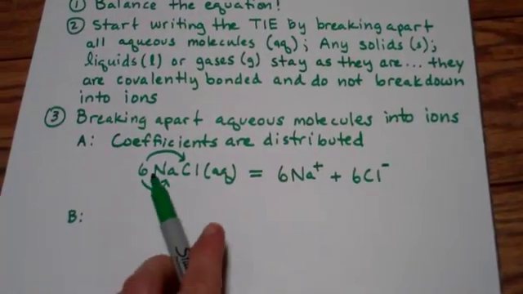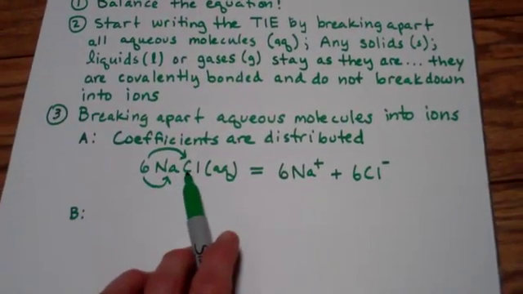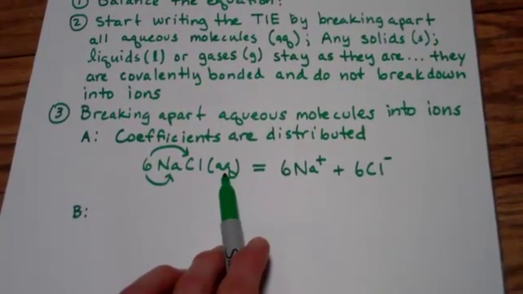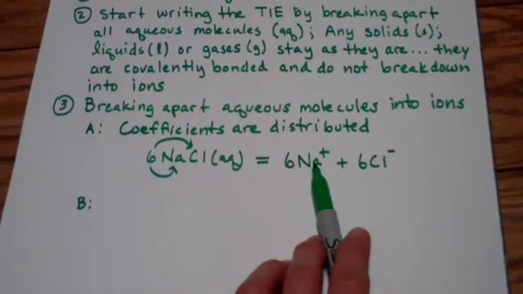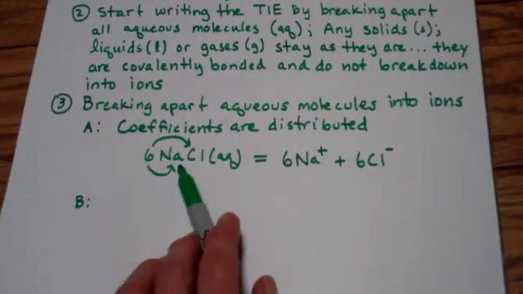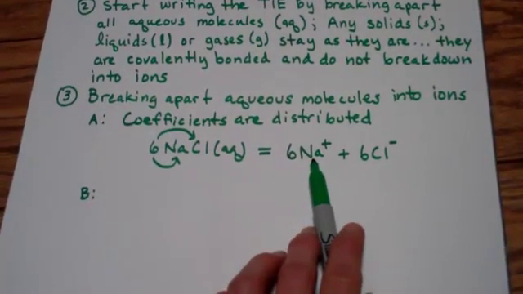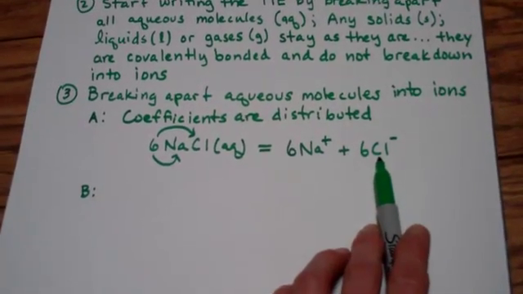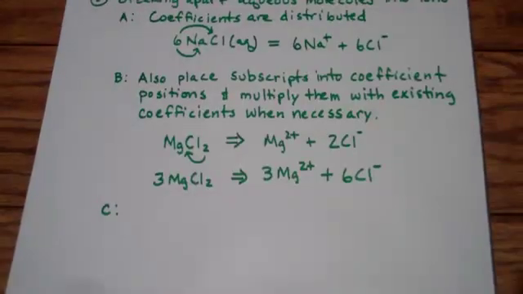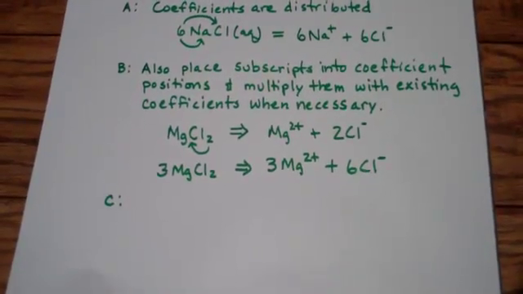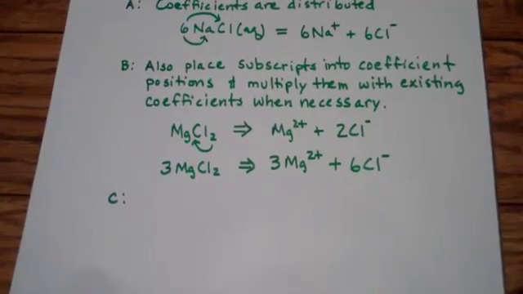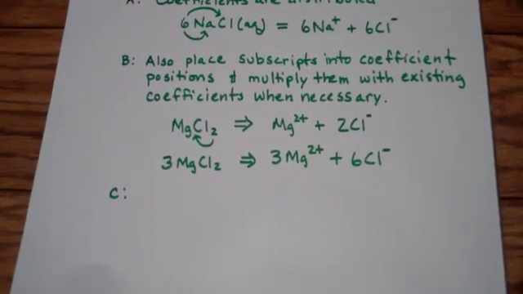In this example, if you had 6 sodium chloride molecules in the aqueous state, you could write them out in their ionic form by writing each of the ions. So there's 6 sodium ions, 6 Na+, plus 6 chloride ions, 6 Cl-. You also place the subscripts into coefficient positions, and you multiply them with the existing coefficients when necessary.